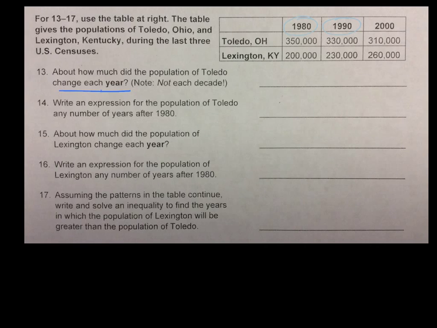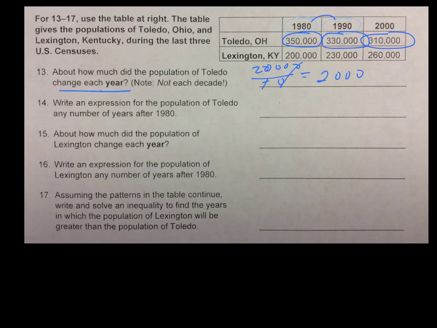Well, if you notice, Toledo goes from 350,000 to 330,000 to 310,000. It's decreasing by 20,000 every decade. So if you do 20,000 divided by 10, it decreases 2,000 each year.